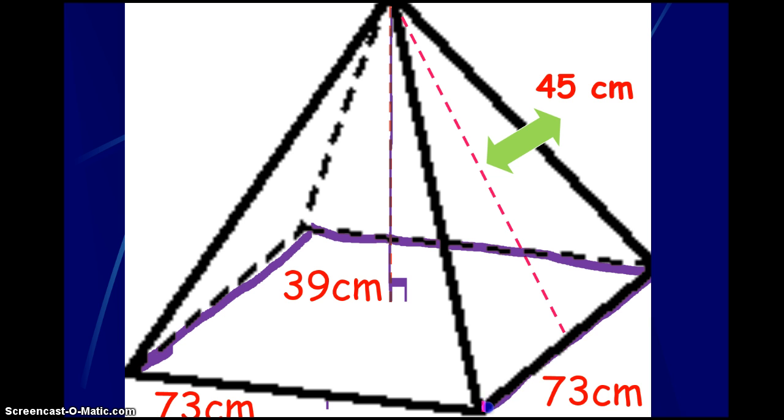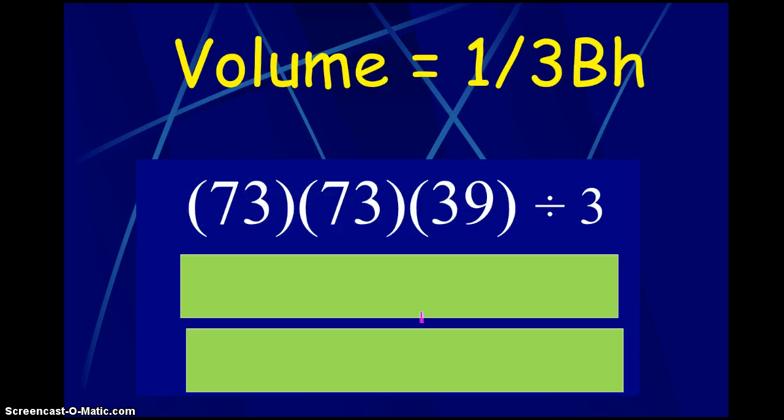I'm going to try to highlight the base, or the outside of the base, as best I can. There we are. So we're going to multiply 73 times 73 to give us the area of the base, the uppercase B. Multiply that product by 39 centimeters, and then take the total product and divide it by 3. So here's that math. 73 times 73, that's the area of the base, the capital B in our formula. You could just take 73 and square it.